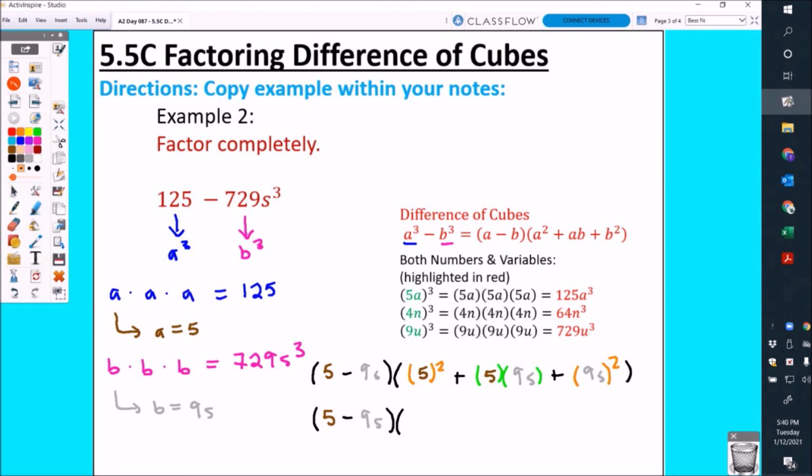That means that we're going to do 5 times 5, which will be 25. Then in the second part, a times b. So in this case, 5 times 9s will be 45s.